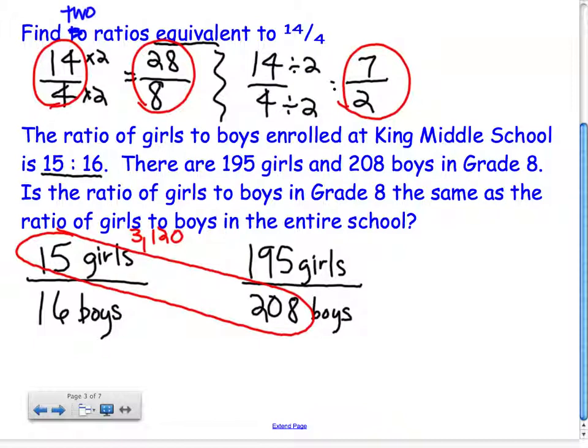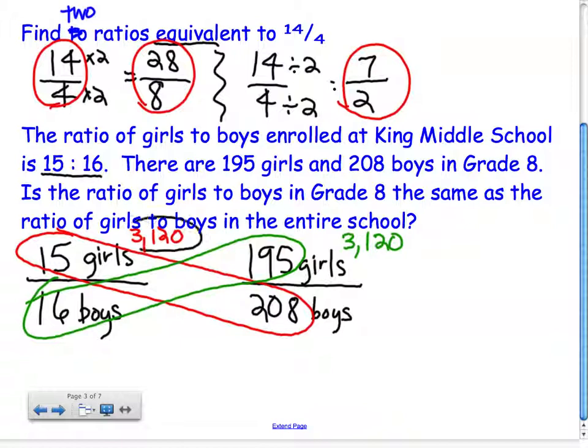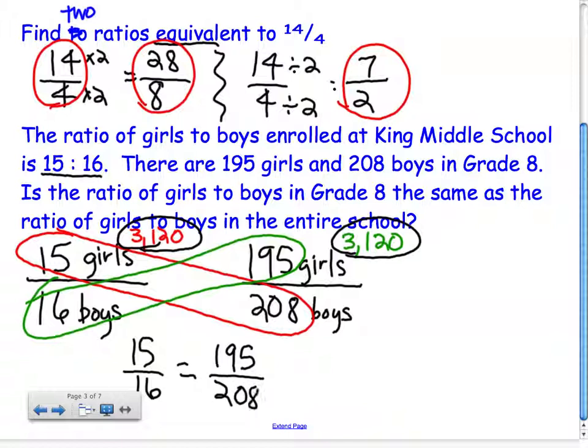Now I'm going to take 16 times 195. I'm going to cross those. If I multiply 195 times 16 on my calculator, I also get 3,120. Because these two numbers are the same, that means that the ratio 15 over 16 is equal to 195 over 208.